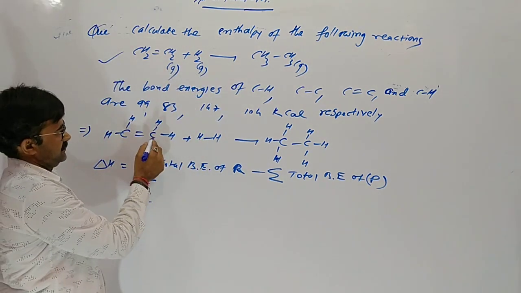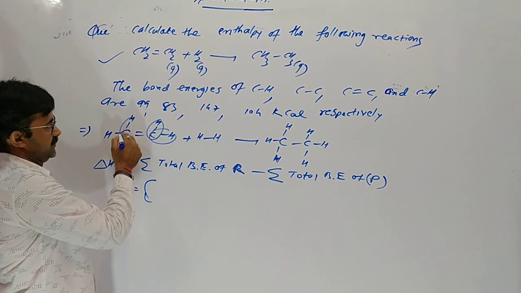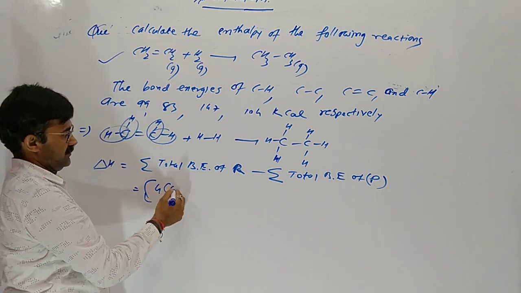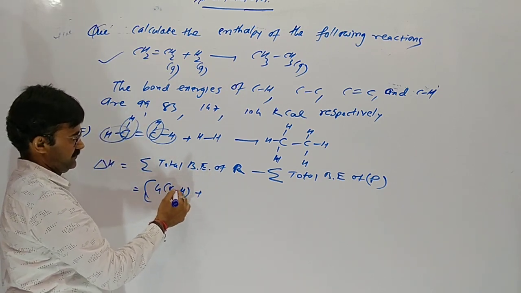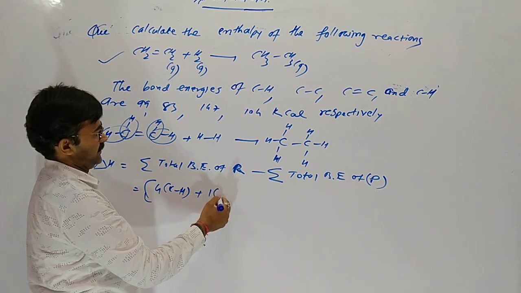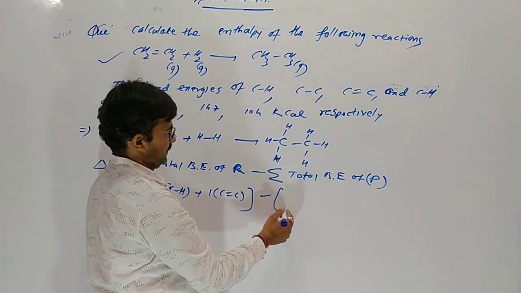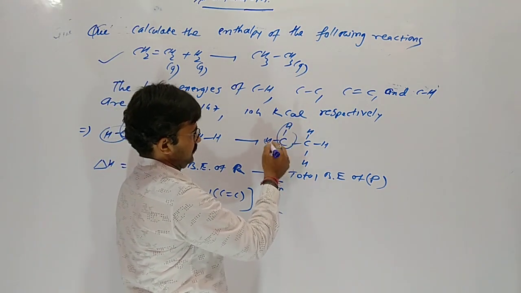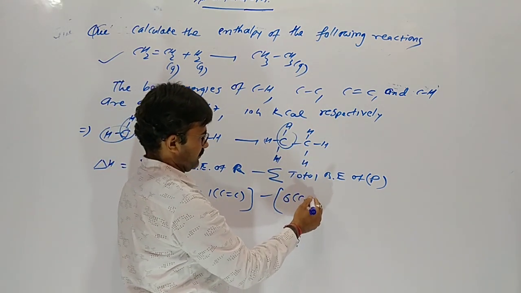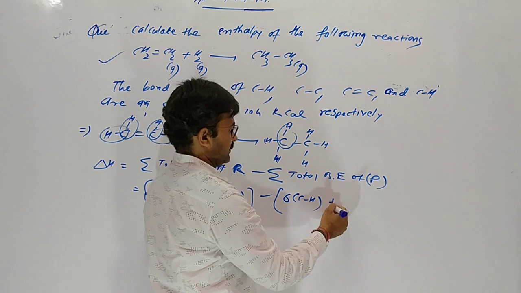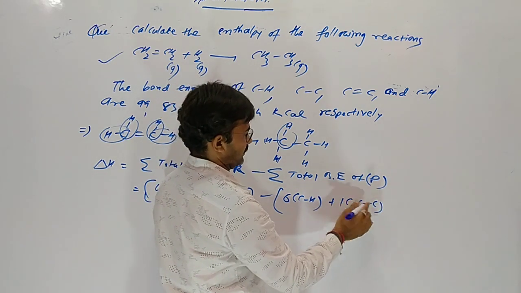Here reactant, there is 1, 2, 3 and 4 times bond between CH and 1 time bond between carbon carbon, minus 1, 2, 3, 4, 5, 6 times bond between carbon hydrogen and 1 time bond between carbon carbon.